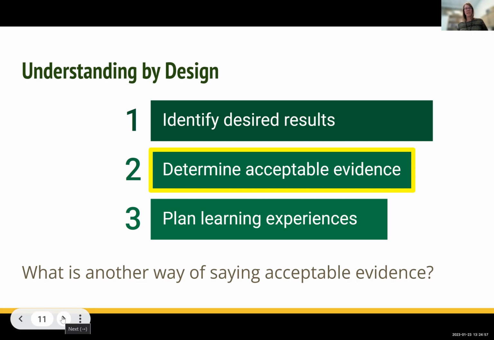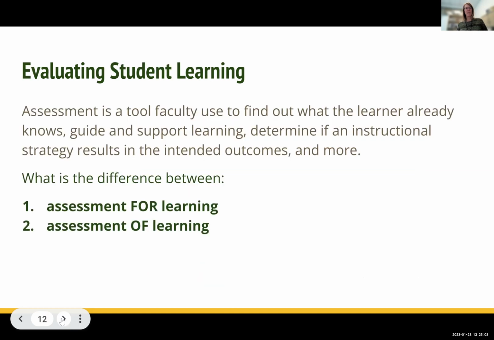Most of the time we refer to that as assessments. So there's two major types of assessment. What do you think is the difference between assessment for learning and assessment of learning? Or you don't have to describe the difference, but why are there two different ones, I guess?